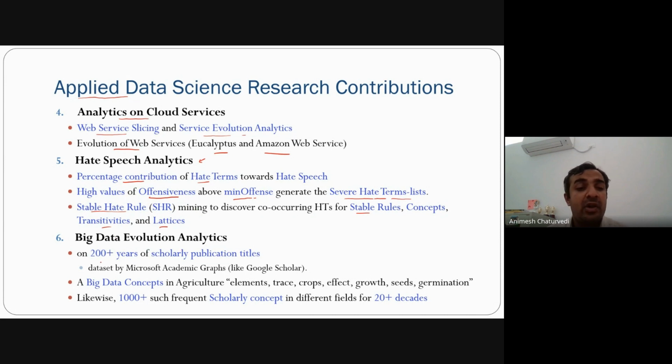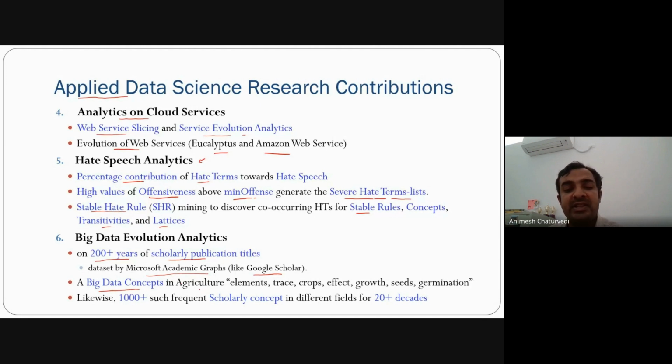Then I have also studied 200-plus years of publication titles. Whatever has been published as research work in publicly available scholarly data, which was fetched from the Microsoft Academic Graph, which is similar to Google Scholar. I studied that big data with the help of concept construction.